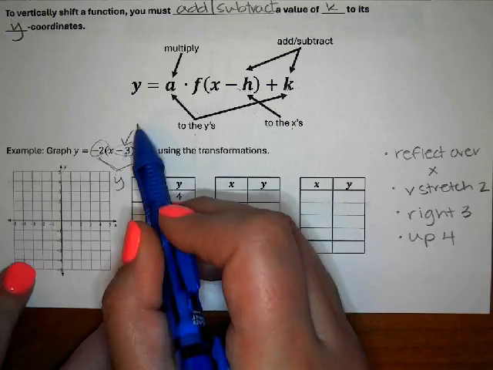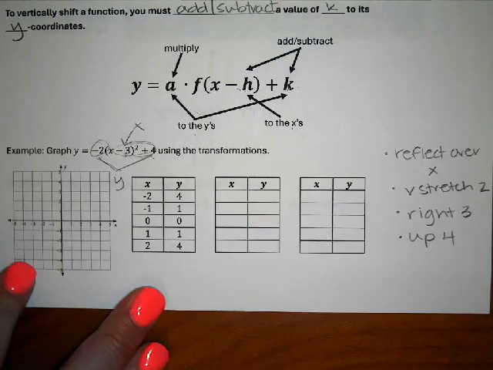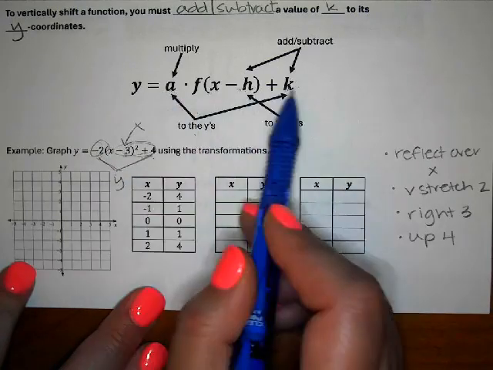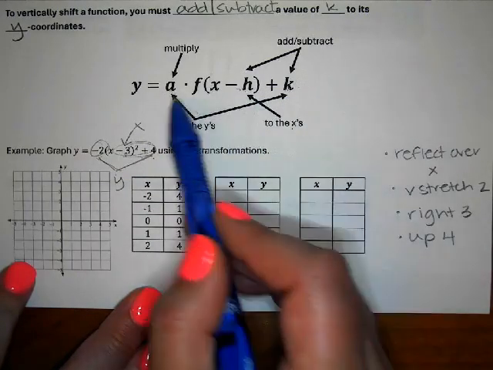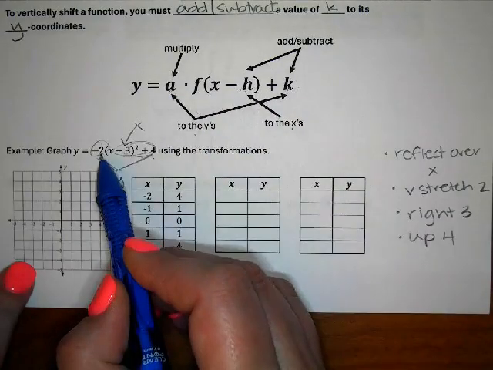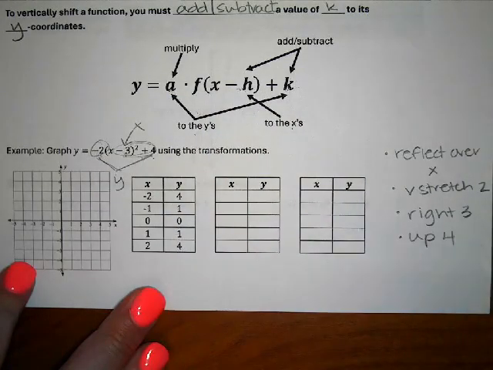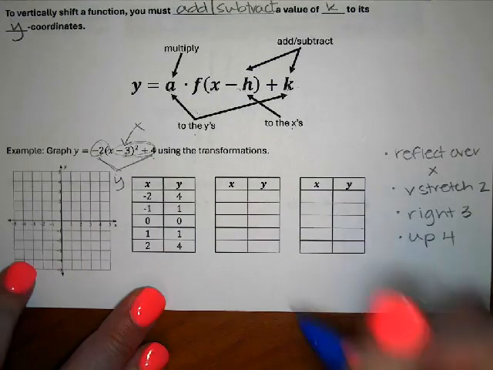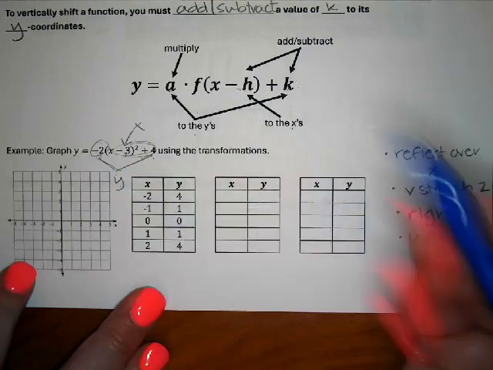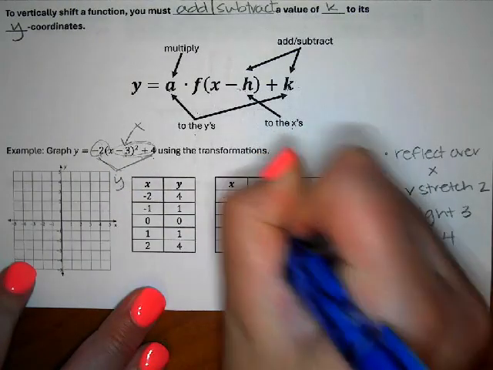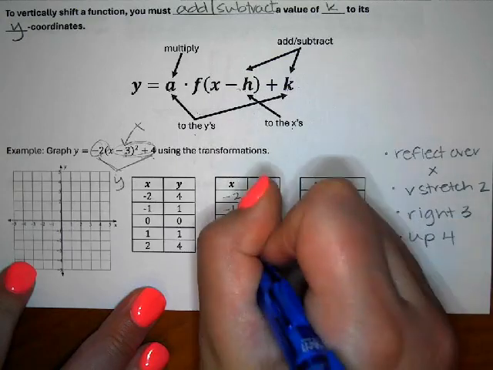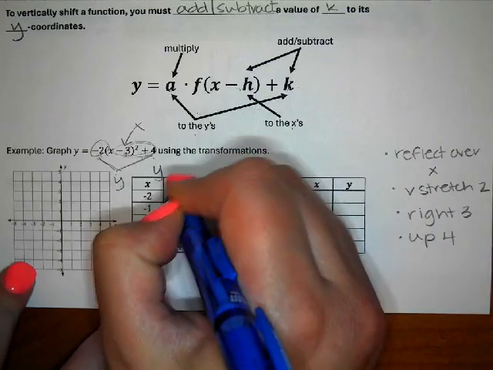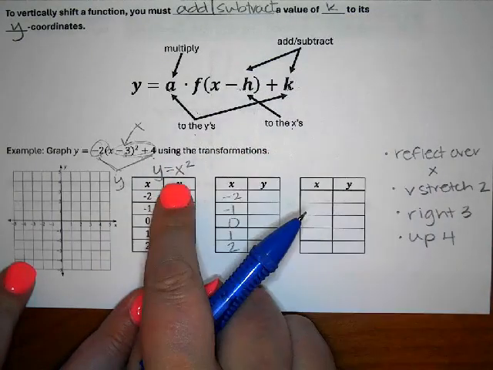Okay, first I always do my transformations from left to right. So I'm going to start with the a value, -2. I remember that little note, we can do the reflection over the x-axis and the vertical stretch at the same time. So that happens to the y-coordinate, and I'm going to keep my x-coordinates the same. Since this was a quadratic, this is the table from y = x squared, which I got from some of my previous notes.